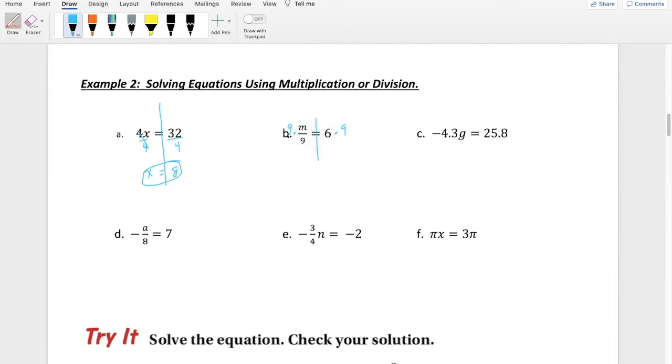Because this kind of looks like a fraction, I can put it over 1. And what happens is the 9s actually cross cancel. Again, this is like a 1 times m, or 1m, which I can just write as m, equals 54.